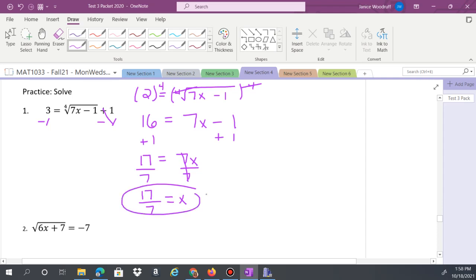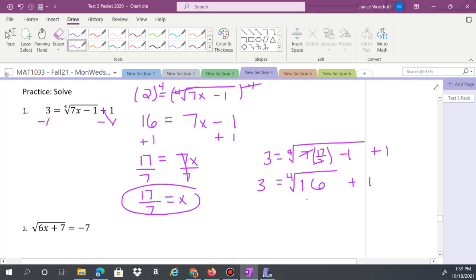Then we want to check it. Okay, so we have 3 equals the 4th root of 7 times 17 over 7 minus 1, and then plus 1 on the outside. So these 7s are actually going to cancel, which makes things nice. So that's just the 4th root of 17 minus 1, 16, and then plus 1.